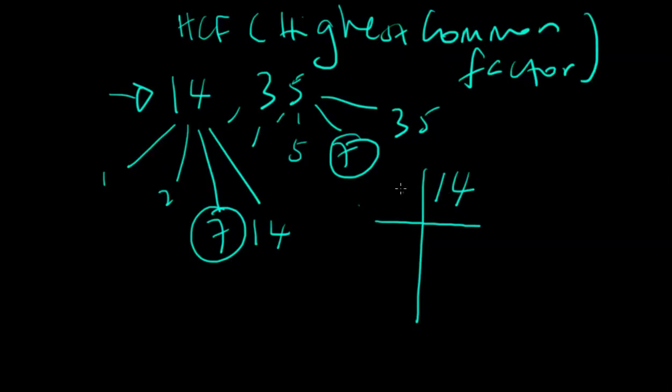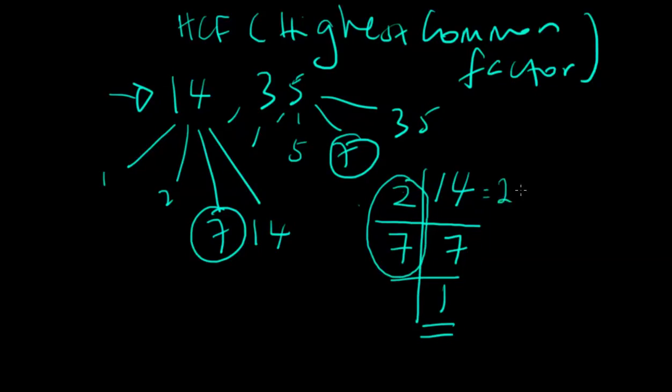So 14 can be divided by 2, and that gives you an answer of 7, right? So 7 can also be divided by 7 to give you an answer of 1. So once you reach 1, you know that 14 can be expressed as 2 times 7. So 14 is 2 multiplied by 7.